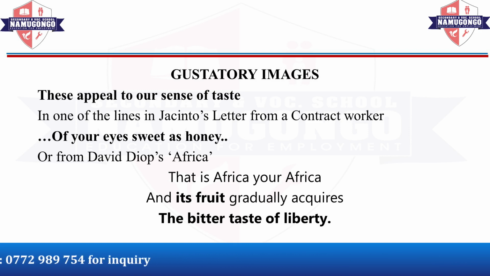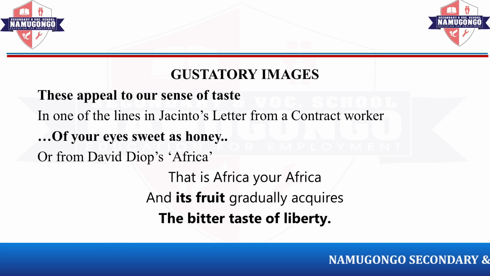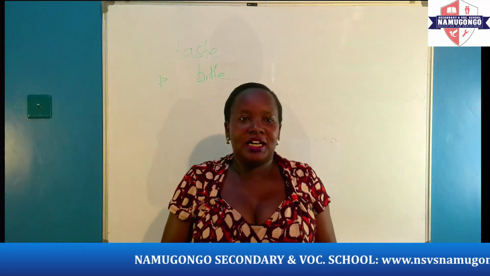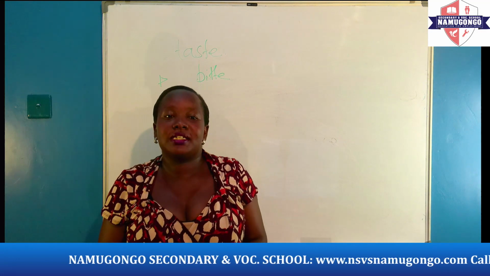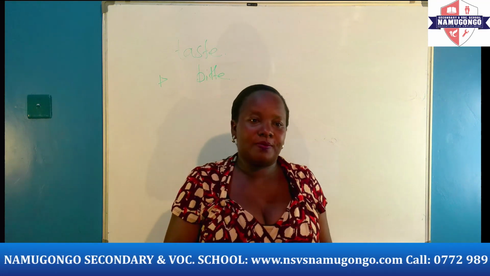We can only taste bitterness or sweetness with our tongue. That is why it is called a gustatory image. I hope we are still together and you are taking notes of this.